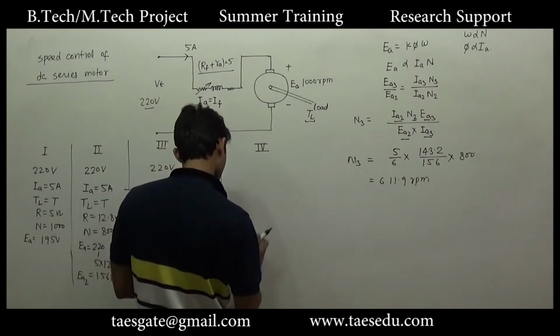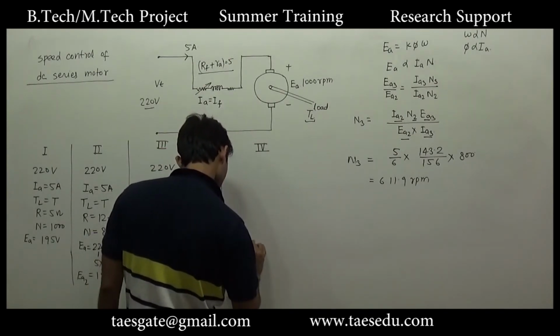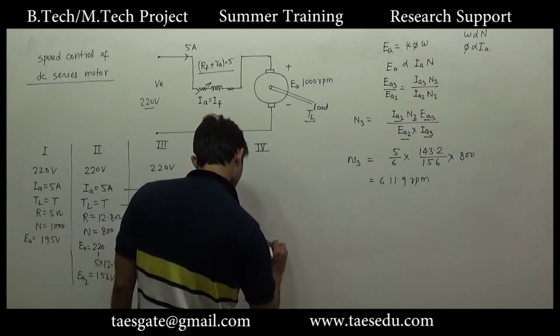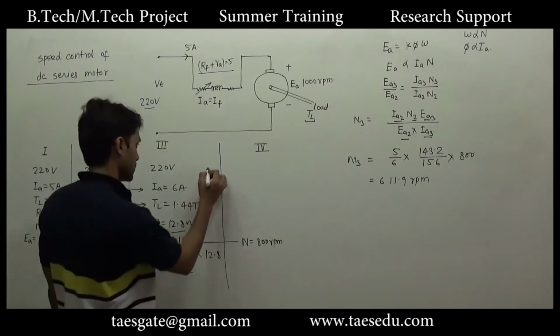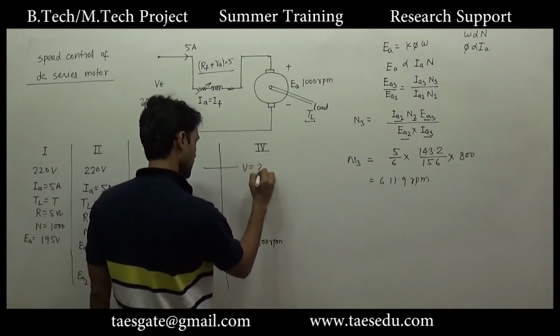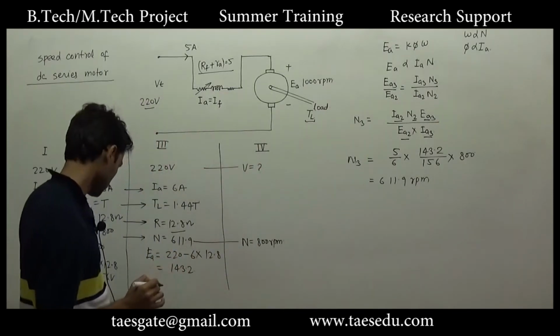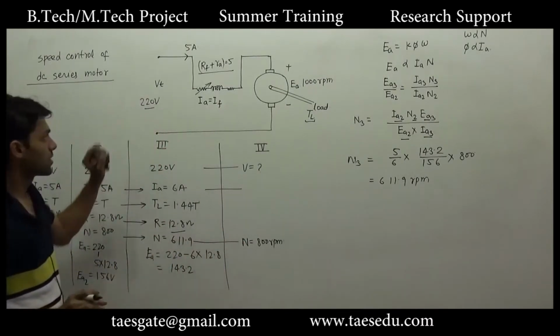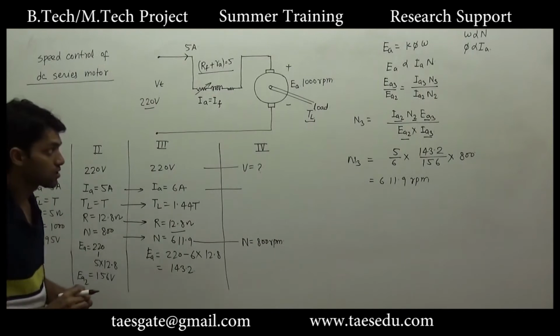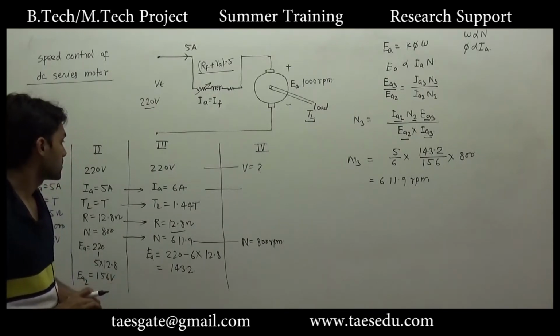In fourth case we want speed equal to 800 RPM, and we are changing supply voltage. So V is unknown here. Since we are changing supply voltage, load torque has not been changed.